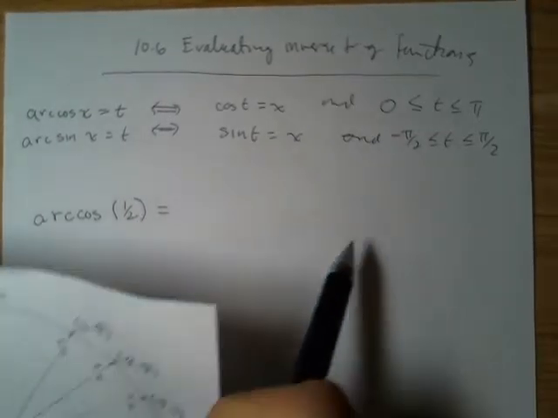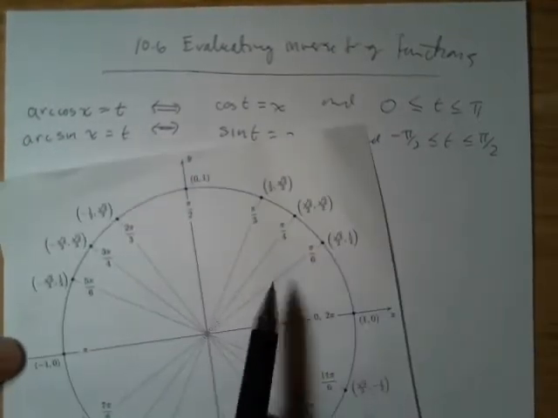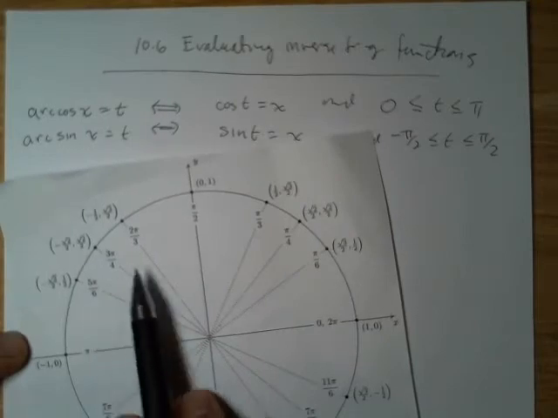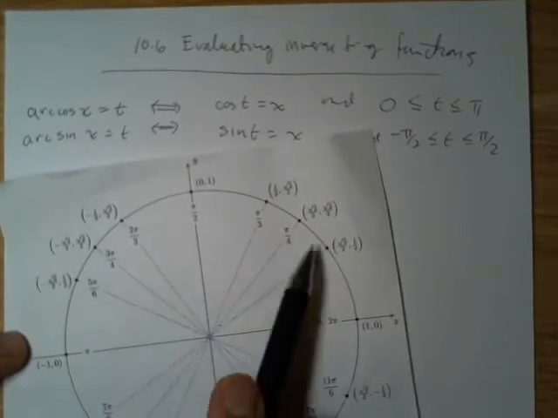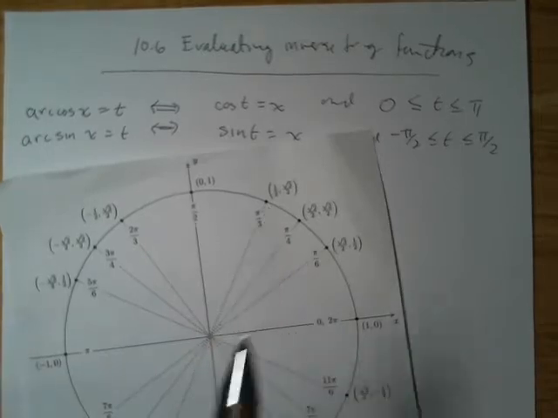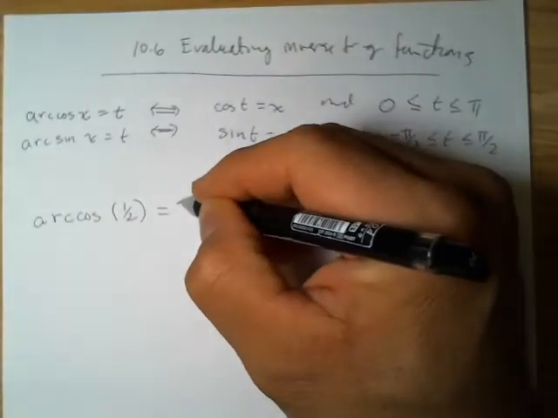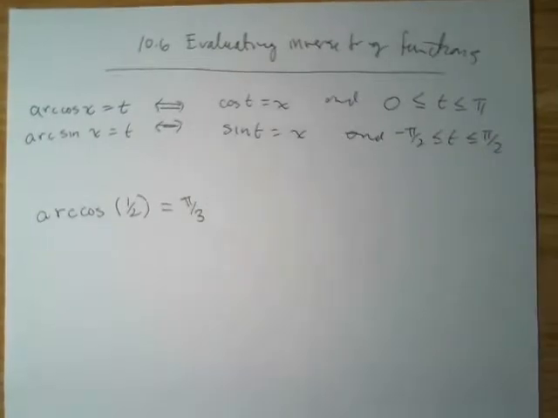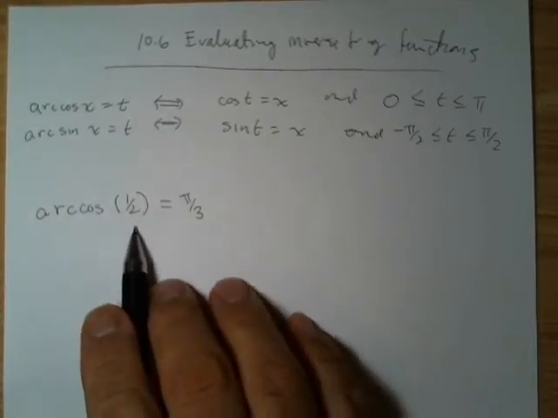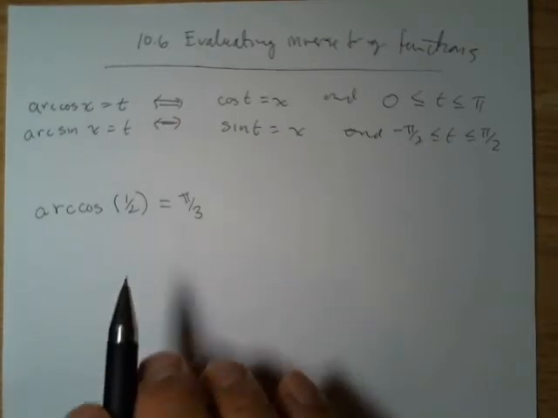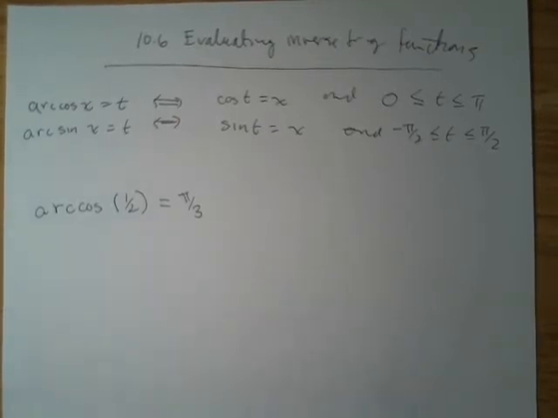Remember, since it's a cosine, we're only restricted to values between 0 and pi, so that means pi over 3, and that is the only solution. With the circular functions, they're periodic, so there were infinite values for a certain angle, but for the arc cosine there is exactly one angle that gives 1/2, and that is pi over 3.